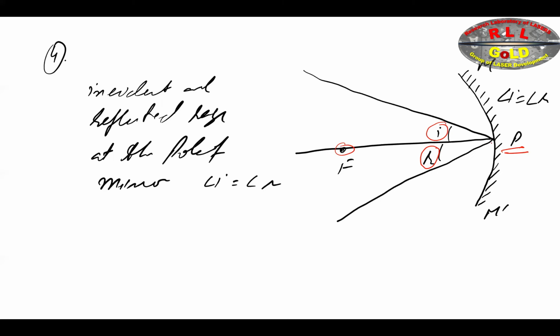Both these angles are equal at the pole of the spherical mirror. Here you can say the angle of incidence equals the angle of reflection, or the incident ray angle is equal to the reflected ray angle. So these four simple rules which we study at the elementary level, I explained here.